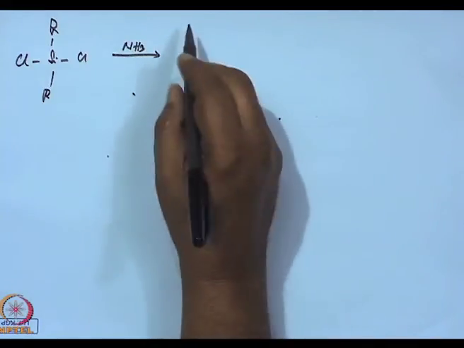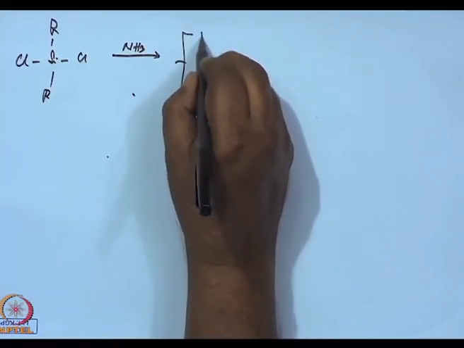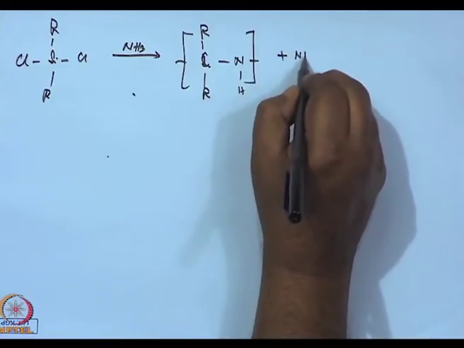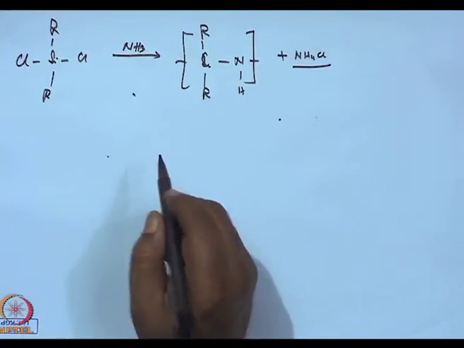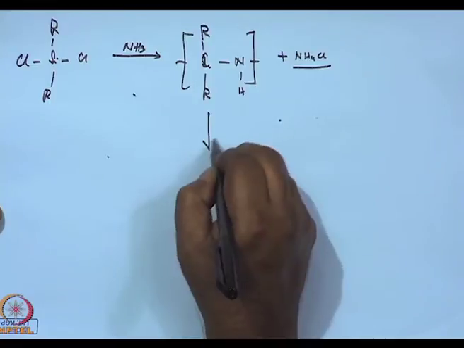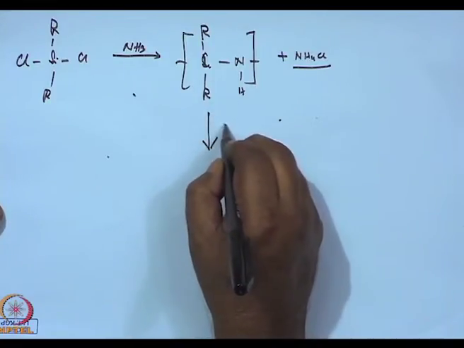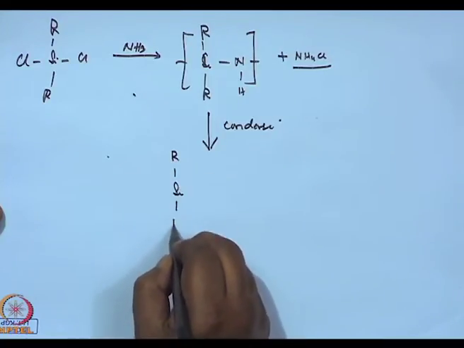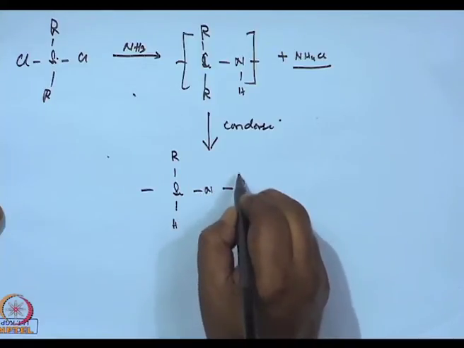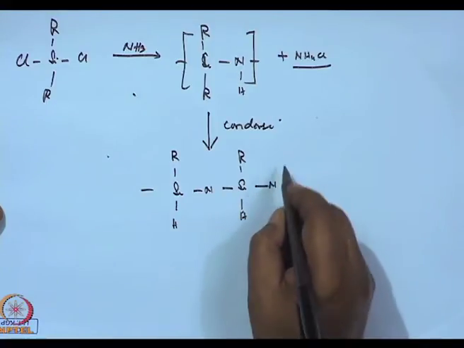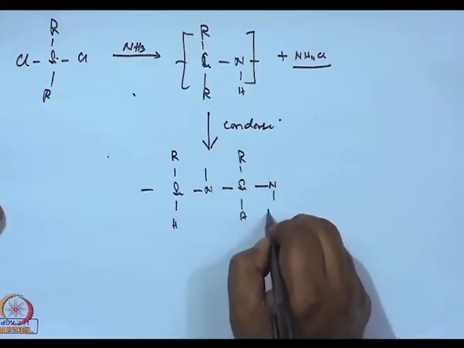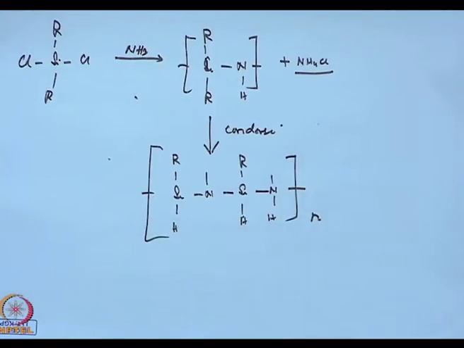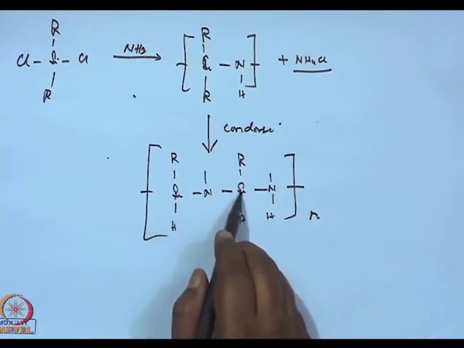React with ammonia, and what you get is this is how I get silicon, nitrogen, silicon, nitrogen.